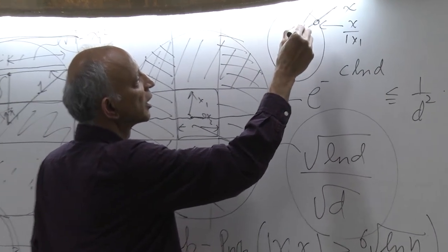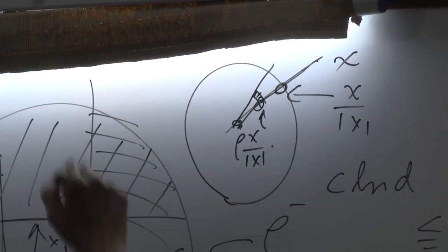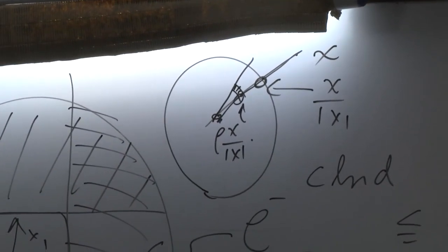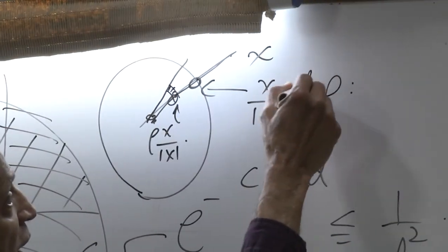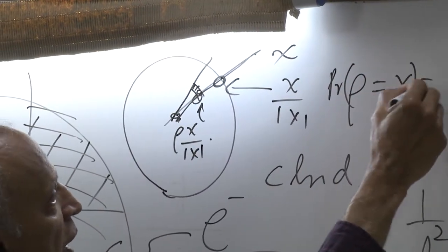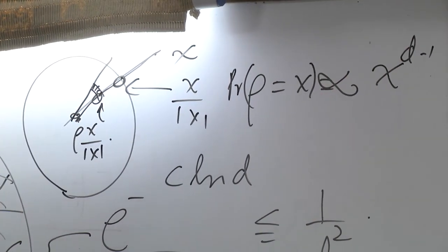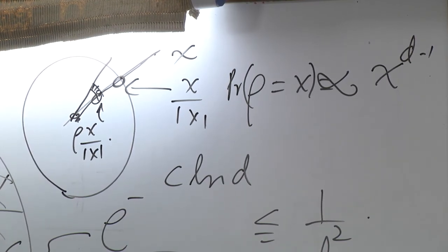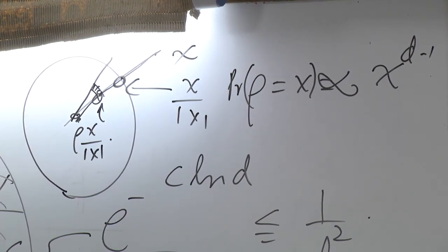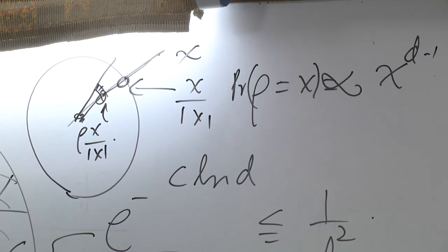So I want that volume, and that volume should be a function of rho to the d minus 1. So the probability that rho is equal to x is proportional to x to the d minus 1 between 0 and 1, divided by the integral, which is the normalization. So you have to pick rho with the correct density, and then you get a point uniformly at random from the sphere.